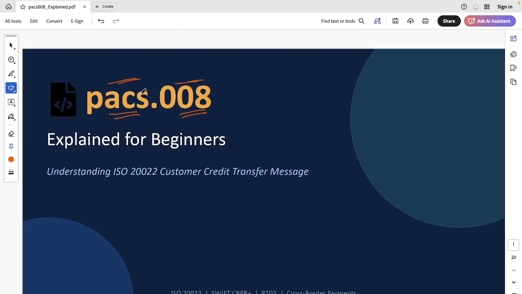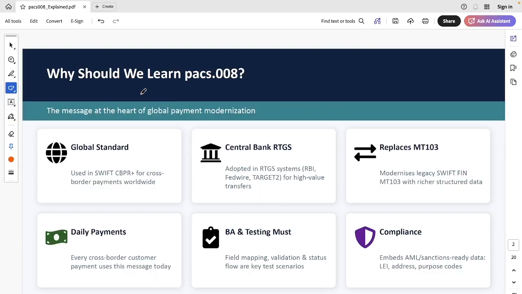Now that we know the topic, let's understand why pacs.008 is worth learning in the first place. So pacs.008 sits at the heart of global payment transformation. It is used in Swift CBPR Plus for cross-border payments.